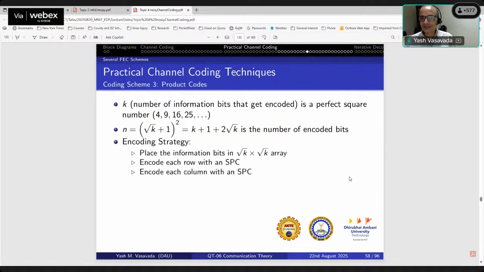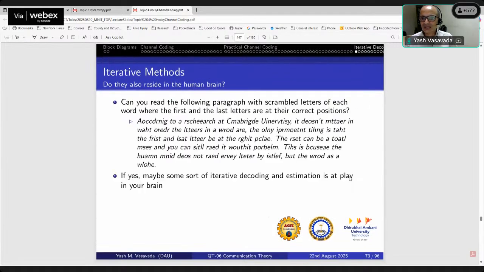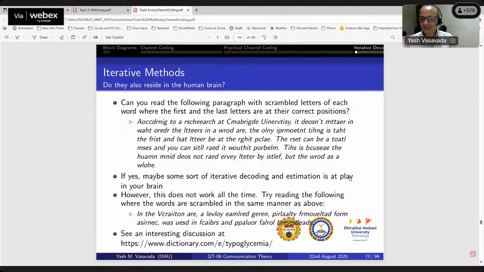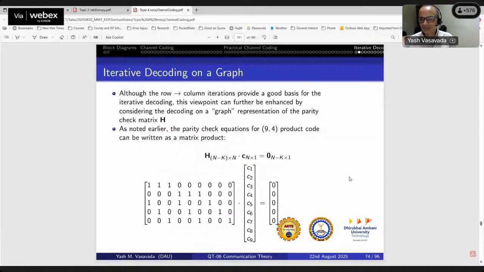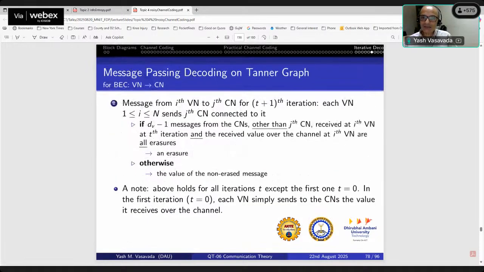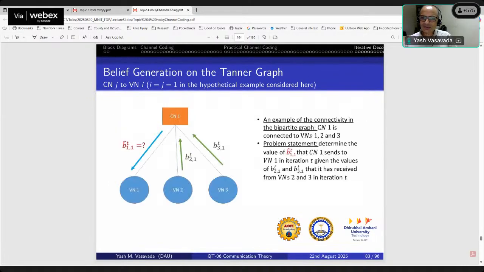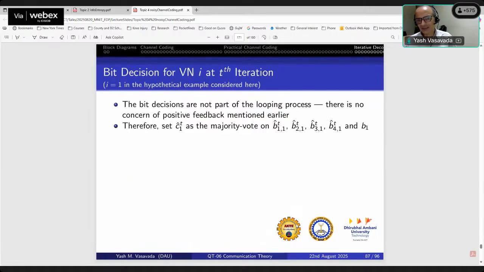It turns out that one of the most advanced coding schemes, which is the LDPC code, works on the principle of multiple SPC, single parity check codes, and multiple repetition codes, which are the C1, C2, C9 codes. And there are some efficient decoding algorithms, called iterative decoding on graph, that have been defined.